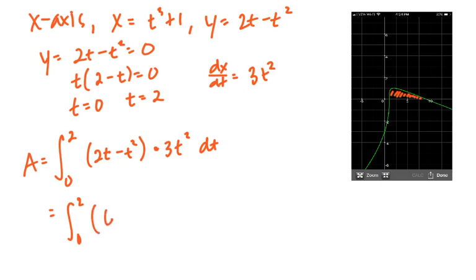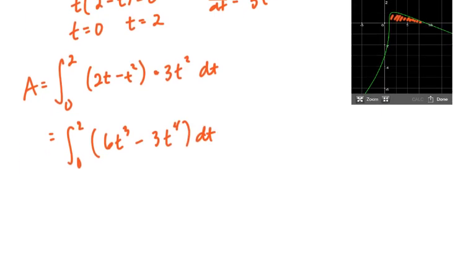We have 6t to the third minus 3t to the fourth with respect to t. So we can go ahead and integrate. When we integrate, we add 1 to the power, so 6 over 4 is 3/2 t to the fourth, nice easy integration, minus 3/5 t to the fifth from 0 to 2.